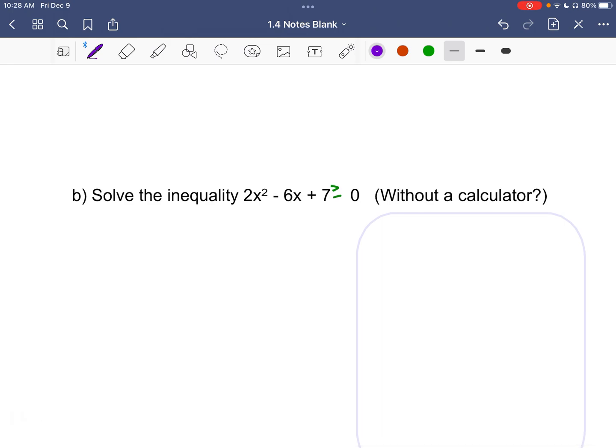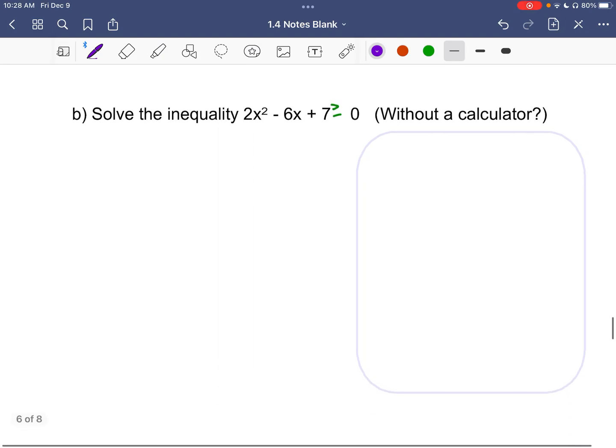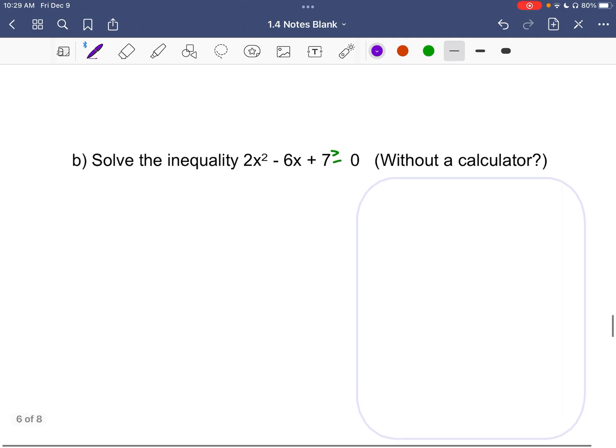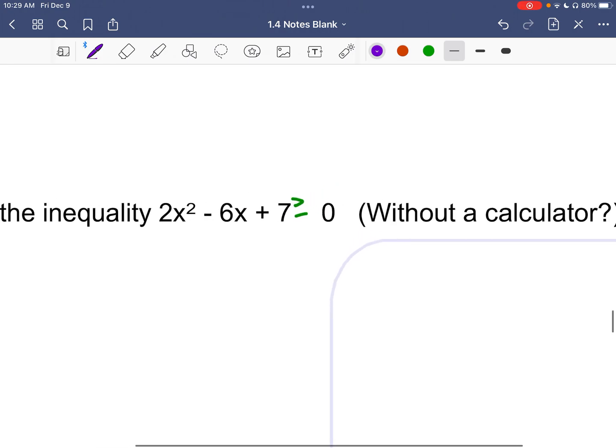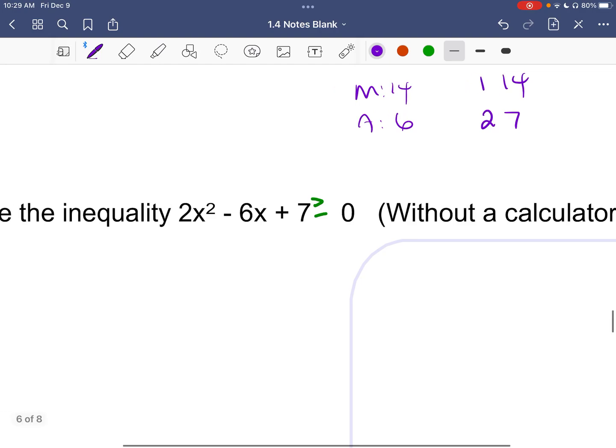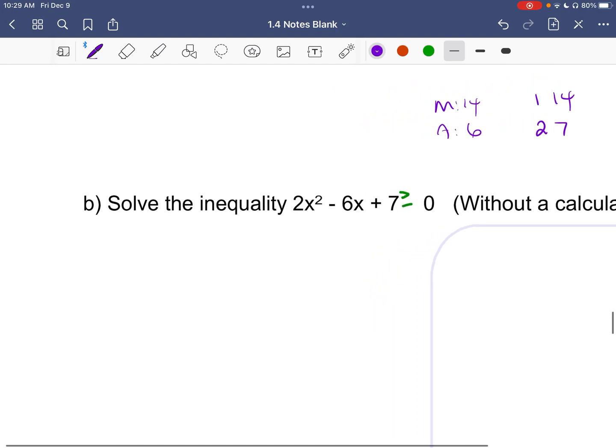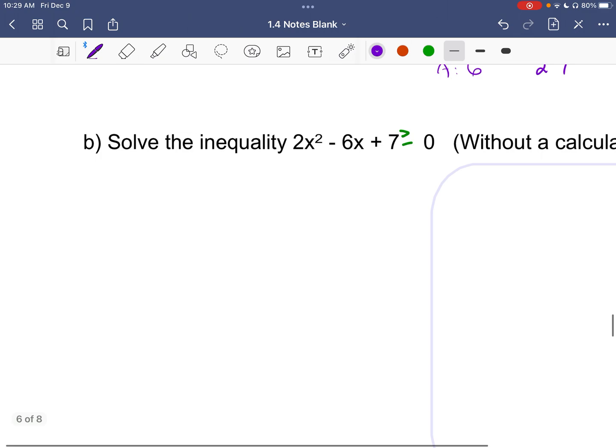So we're going to solve the following inequality without a calculator. Absolutely. Solving the inequalities, we would need to find where our function goes to 0. So we could factor: multiplies to be 14, adds to be 6. Well, our factors of 14 are 1 and 14 and 2 and 7, and in no combination does that add to 6. So we can use our handy dandy quadratic formula.